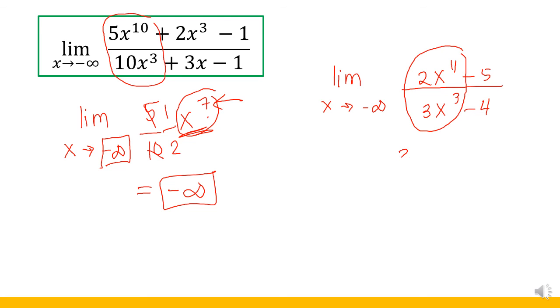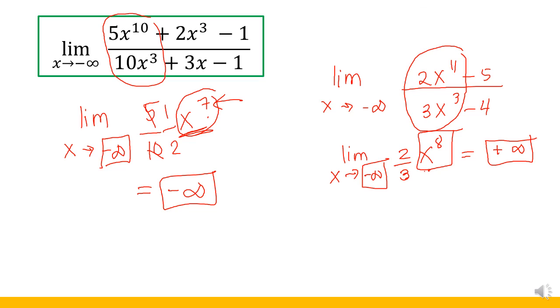That would be 2/3 x to the 8th. This is an even exponent. So though you're approaching negative infinity, this expression will be positive already. Positive infinity. So with the positive coefficient there, this will be positive infinity.